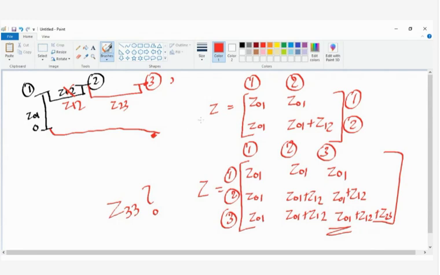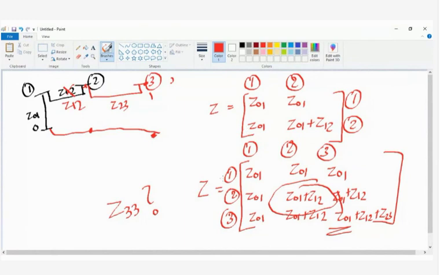So if you look from this point, Z22 and ground. You trace this path, there is no connection, so it is open. Basically, it's Z12 plus Z01. So that's why Z22 is Z01 plus Z12.